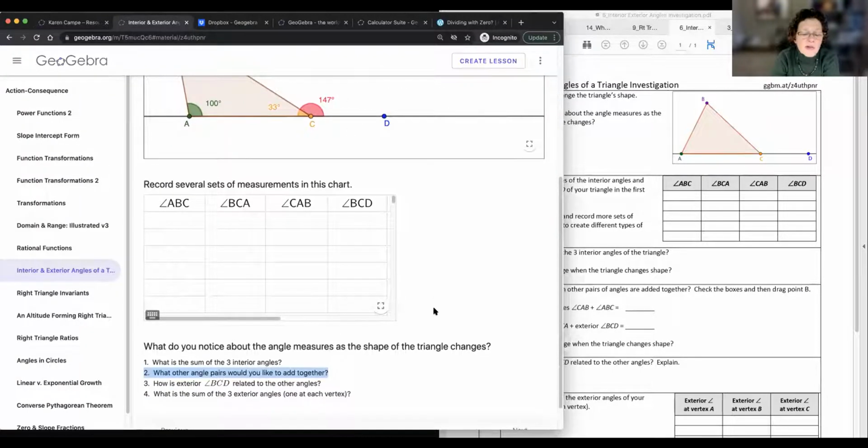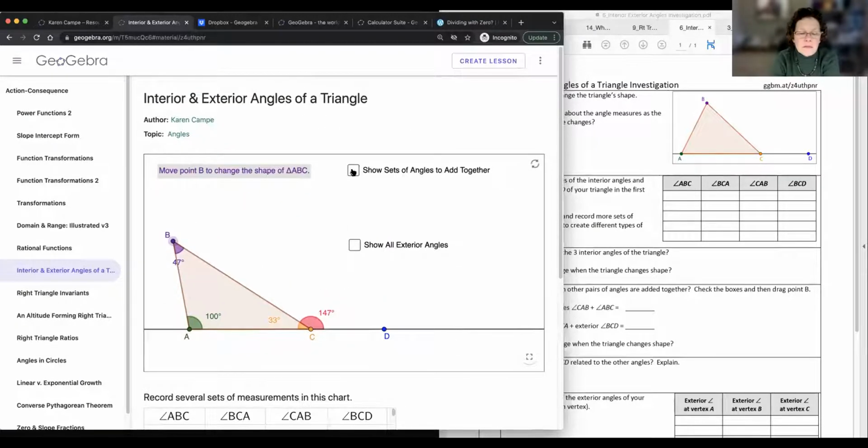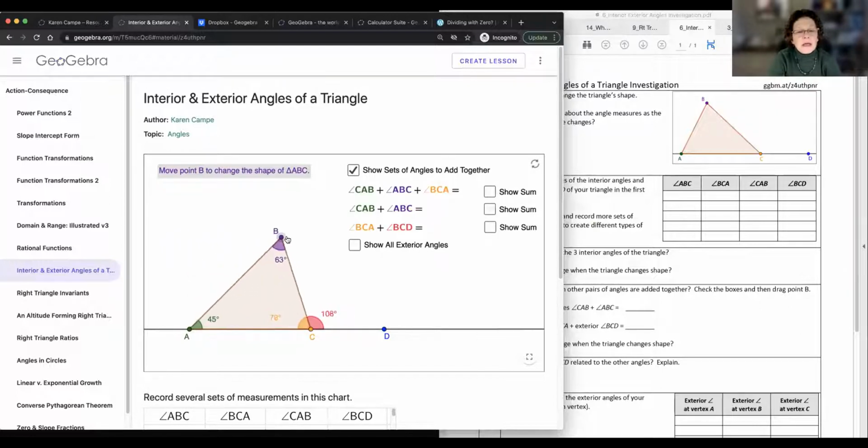So I try very hard not to give it away, but when we get to the point where they need hints, they can show the sets of angles to add together. And these sums are dynamic. So the three interior angles do add up to 180.